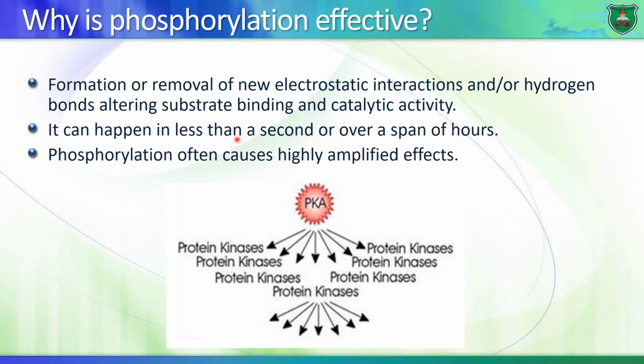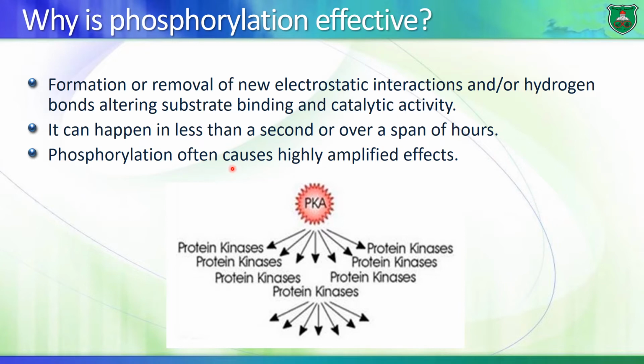The other thing is that it can happen very quickly, or it can also happen over a span of hours. So there is regulation of timing of phosphorylation or dephosphorylation of proteins.